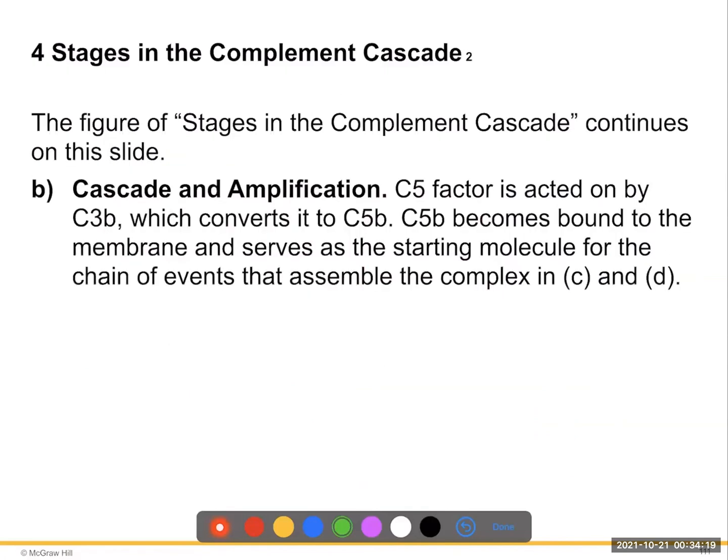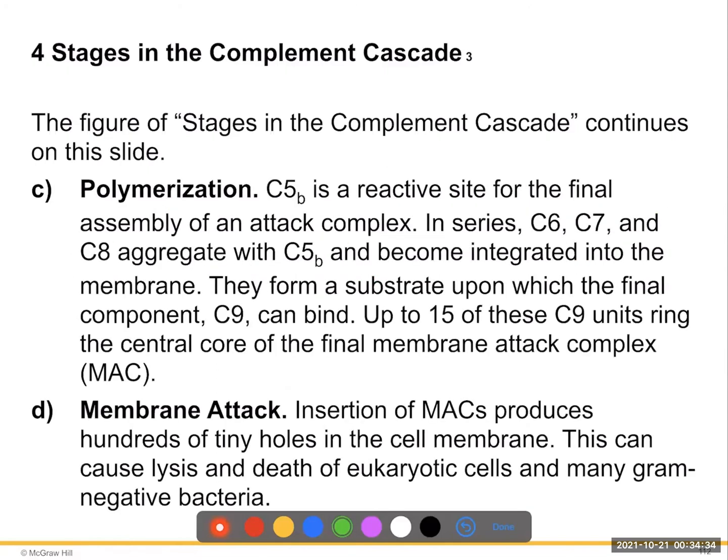Okay, so the cascade application: you get C5 factors activated by C3b, converts to C5b. C5b becomes bound to the membrane, serves as a starting molecule for the chain of events that assemble a complex in C and D, part C and D of this one. Then you get polymerization of C5b, reactive site for the final assembly of an attack complex.